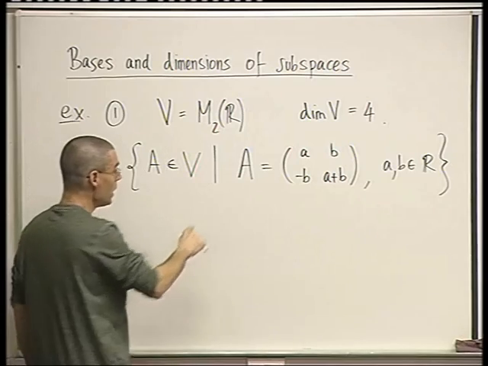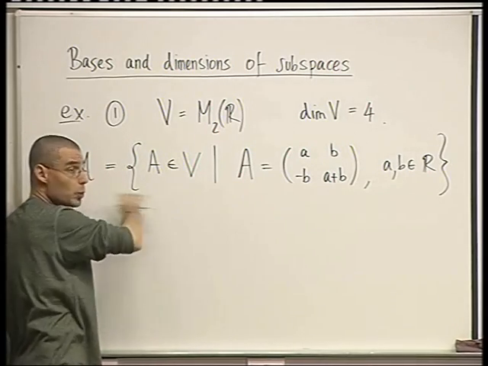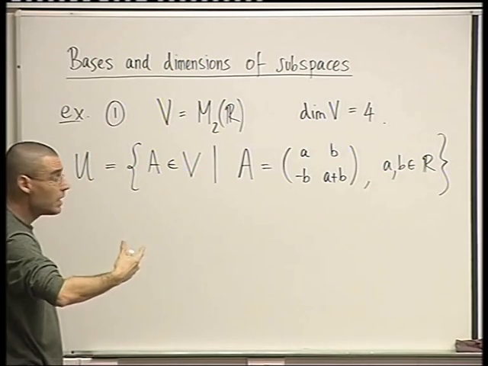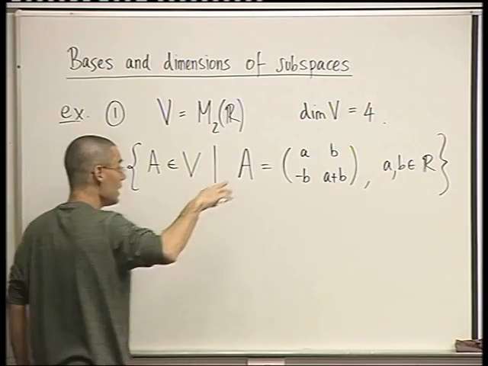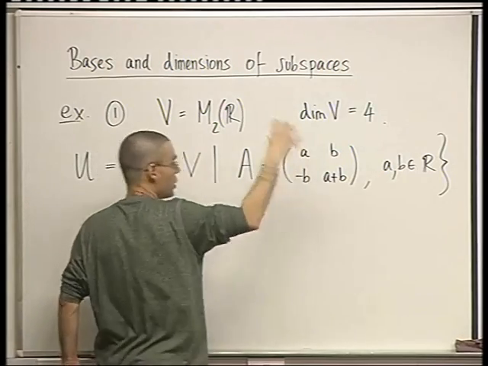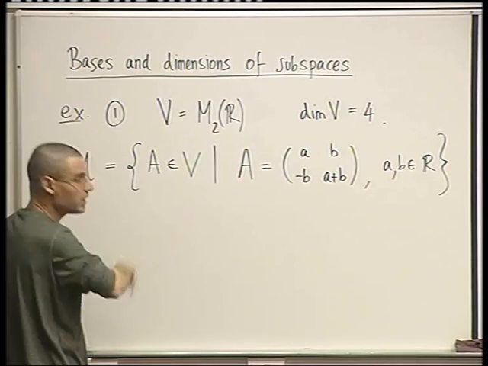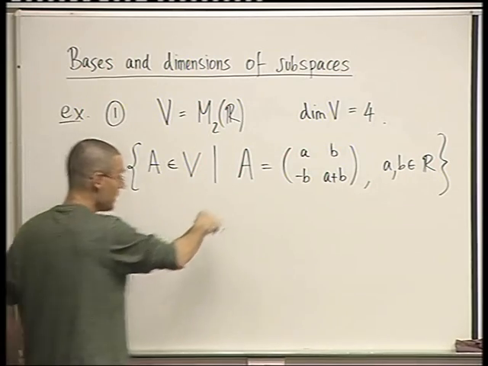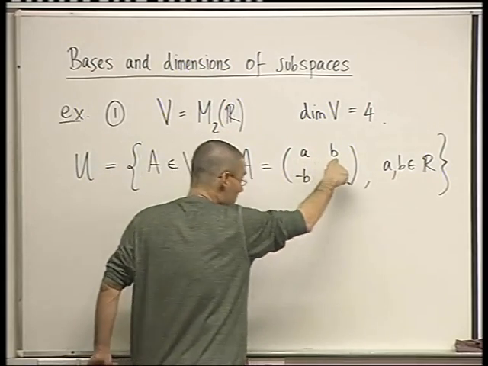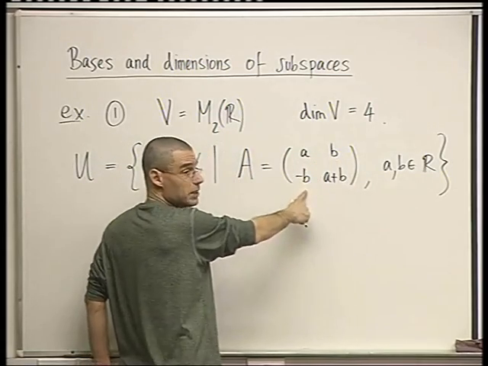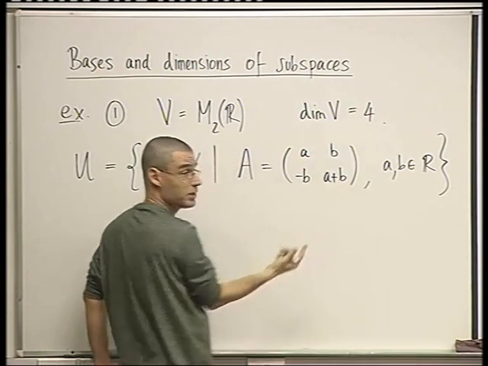Just a side remark, this is a standard way of defining a subset of a set, by imposing some conditions on the elements. I'm only taking those matrices that satisfy certain constraints. If you have b here, you're going to have minus b here, and then here you're going to have whatever sits here plus whatever sits here.